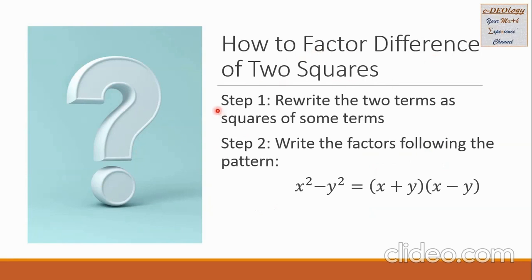In step 1, rewrite the two terms as squares of some terms. Step 2, write the factors following the pattern. The x squared minus y squared equals the binomial x plus y times x minus y.